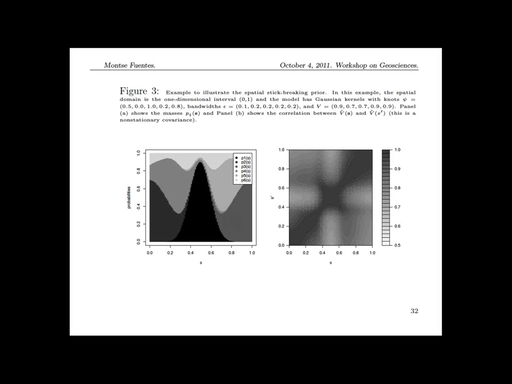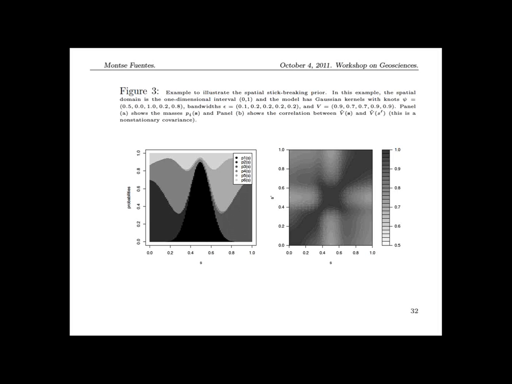Here what we have is the spatial correlation. Well, in this case it is one dimension, so it would be temporal, or just one dimension. These are the locations in our domain between 0 and 1, and you can see what the correlation is between any two locations, let's say 0.4 and 0.6. These are the values of the correlation that you obtain from this model.